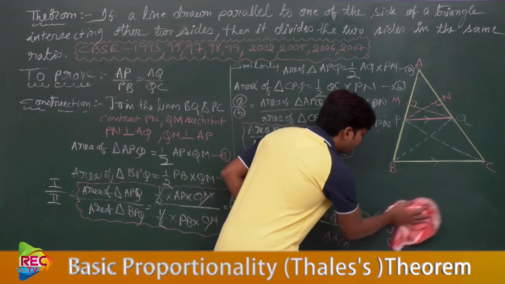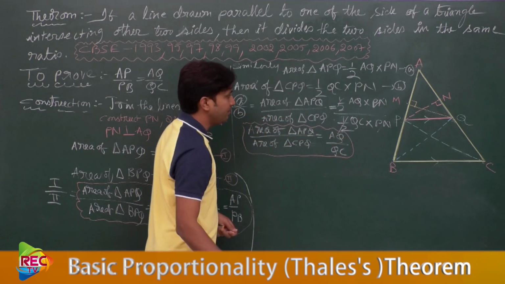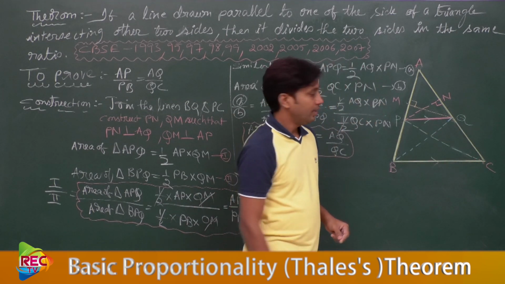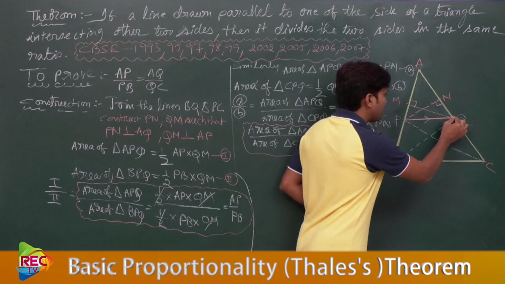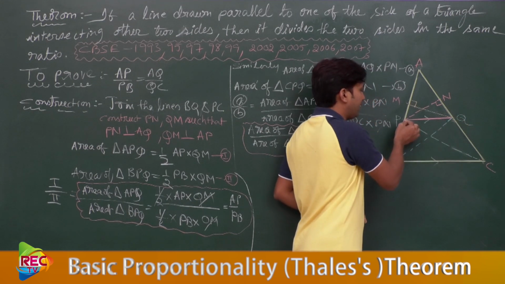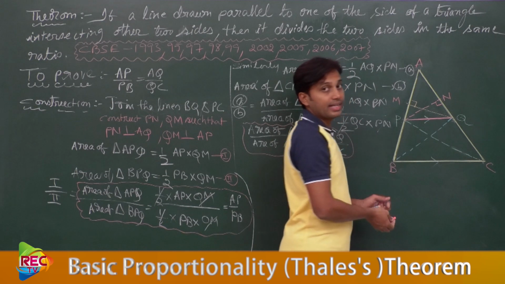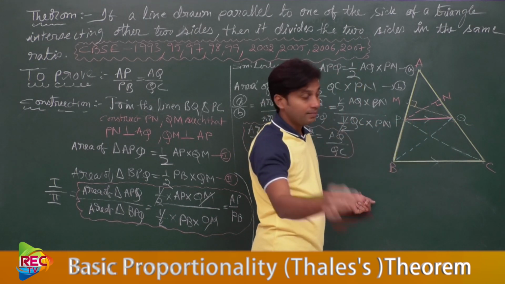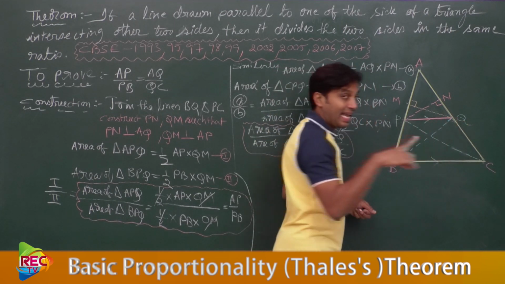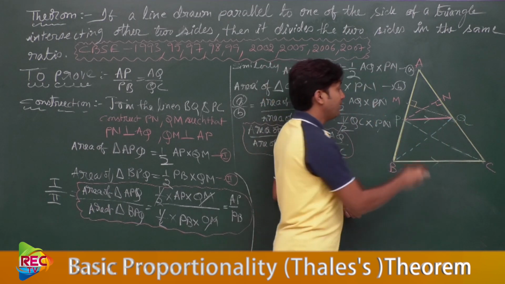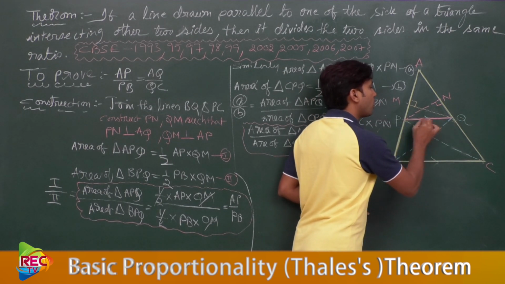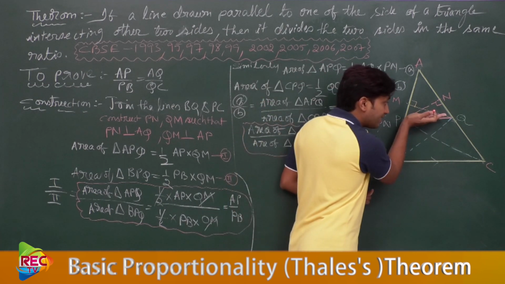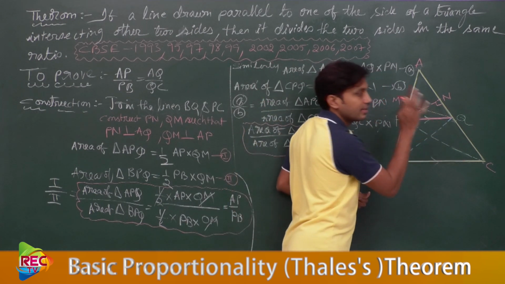If you observe in the diagram, here also PQ is parallel to BC, right? Now PCQ is one triangle and PBQ is another triangle. For both of them, the common base is PQ. Common base is PQ or not? Exactly. And both exist between a pair of parallel lines or not? Exactly.